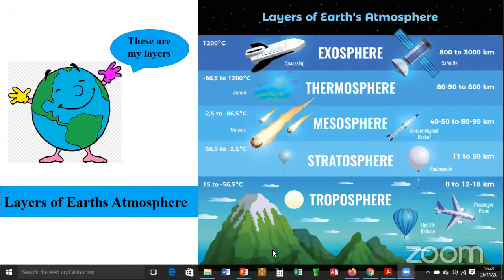Yes, students. Now coming to the mesosphere, it extends from around 50 up to 90 kilometers. In the mesosphere we can see meteoroids and such things. Okay, students, this is regarding the mesosphere.